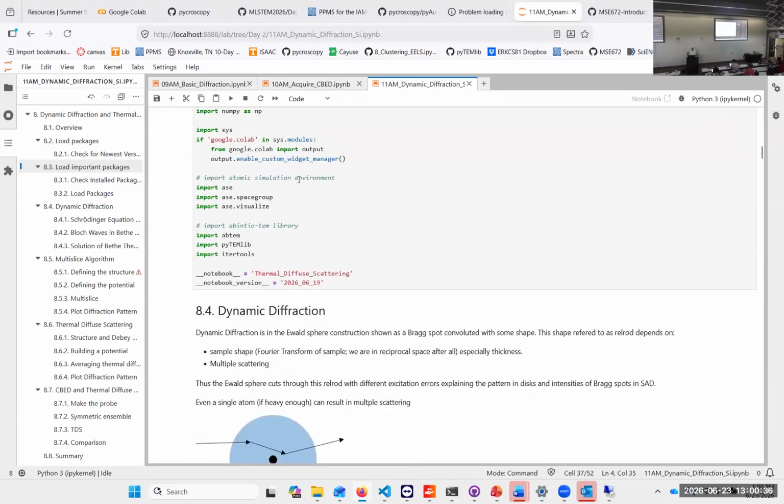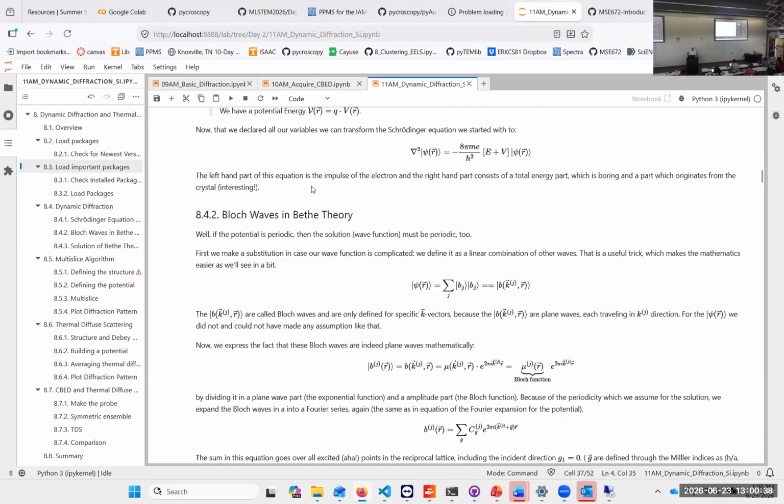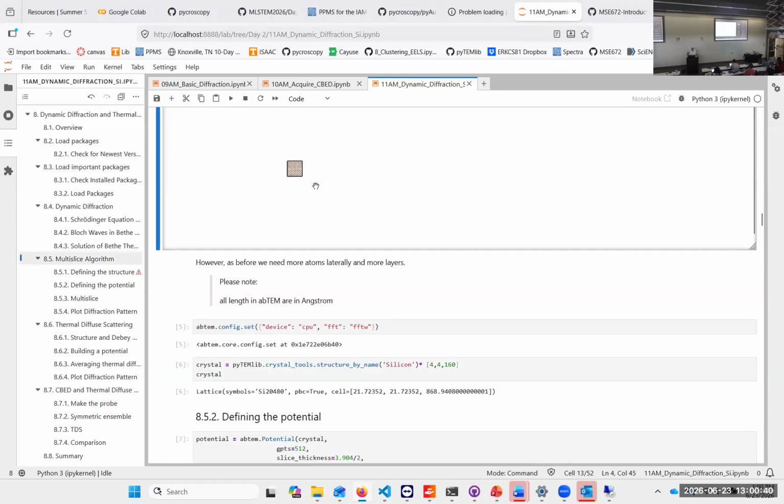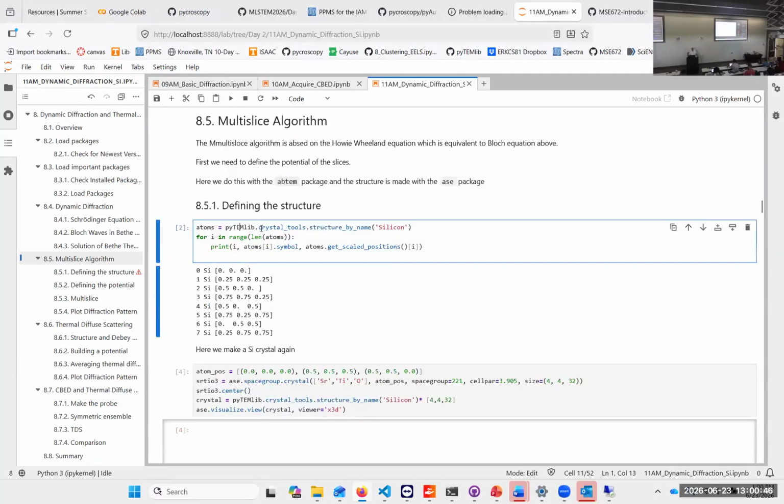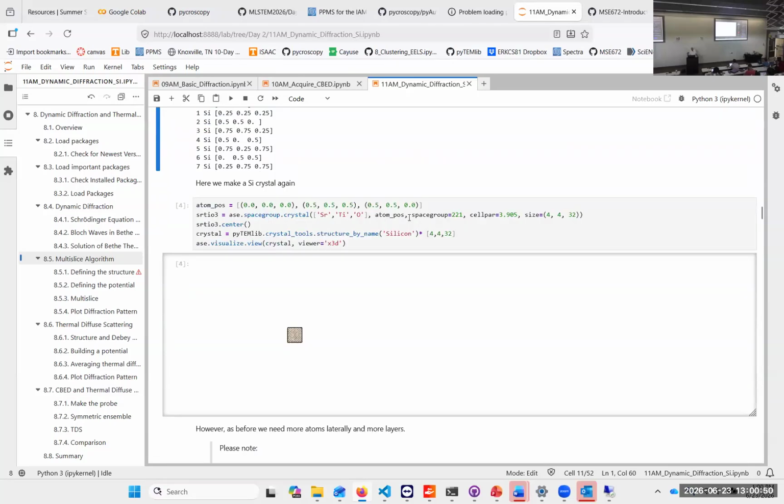if we check the part, we did all the rest. Instead of strontium titanate, I just put in silicon.